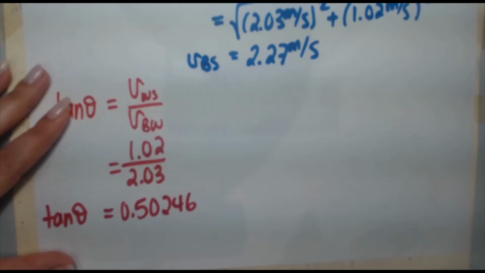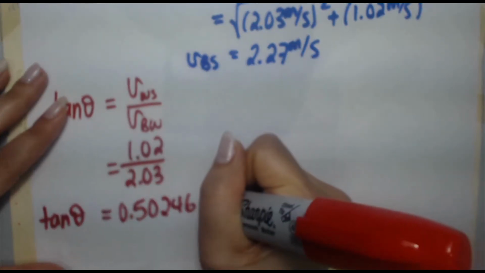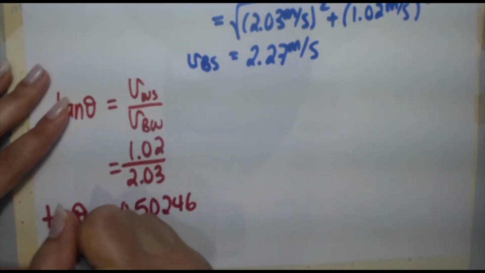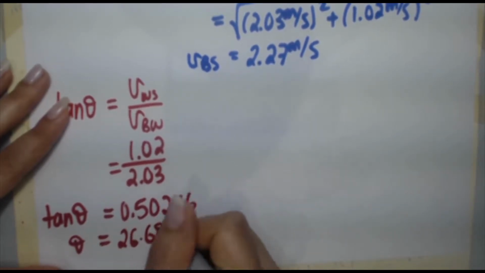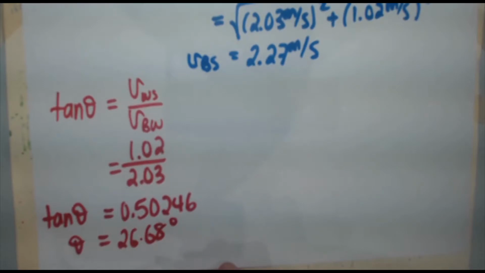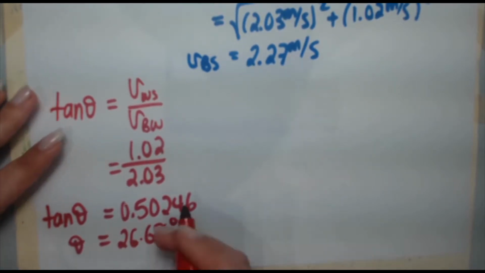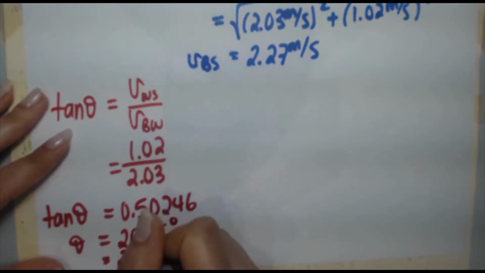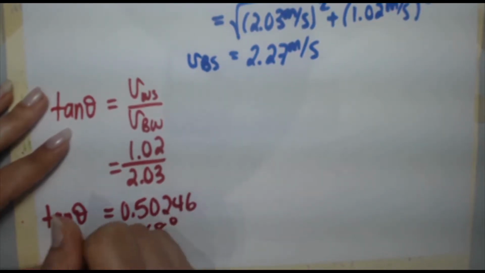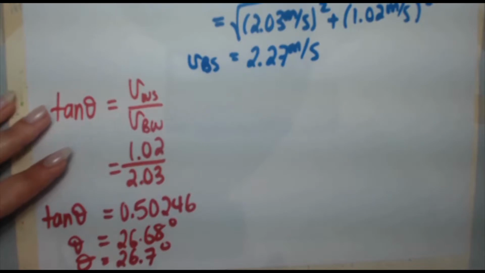In order to solve that, you take the inverse tangent of both sides. When you do that, you're going to end up with 26.68 degrees. Of course, too many values there, so we're going to round this to 26.7 degrees. So theta is about 26.7.